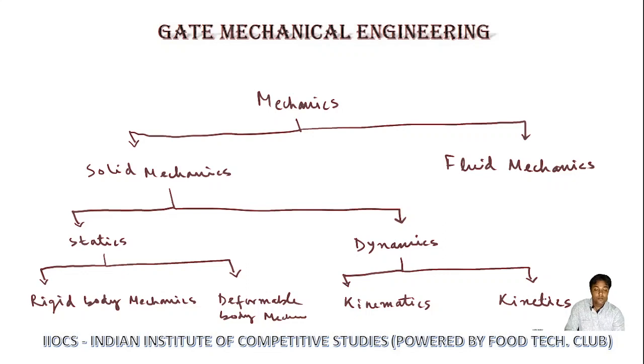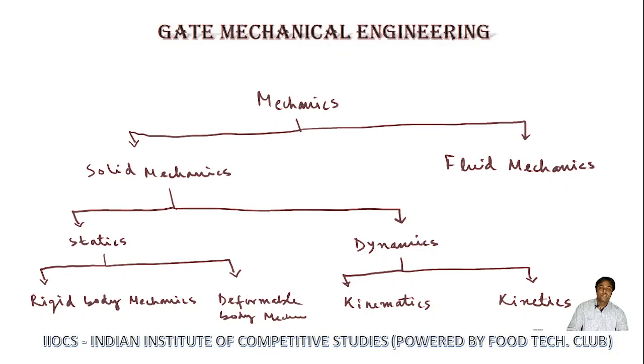So what is kinematics and what is kinetics, and what is rigid body mechanics and what is deformable body mechanics, that I will define now. At the starting I will tell the rigid body mechanics.